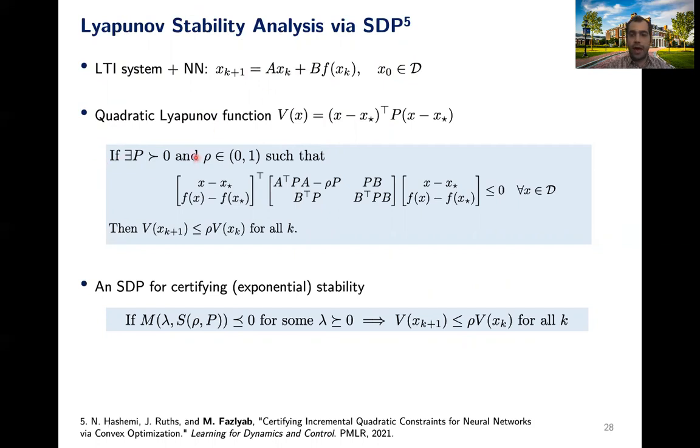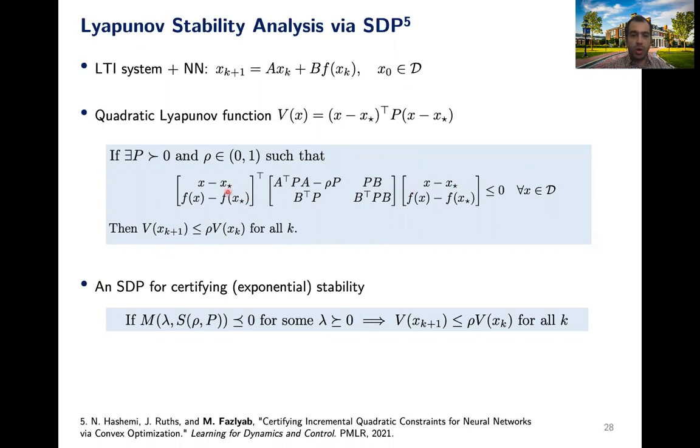From nonlinear systems analysis, we know that if there exists a positive definite matrix P and a rho between 0 and 1 such that this quadratic inequality holds for all x inside the set of initial conditions, then the Lyapunov function is guaranteed to converge exponentially to 0 with decay rate rho.